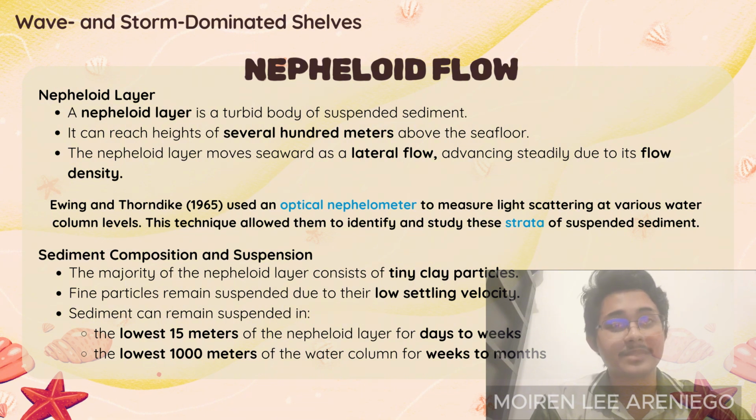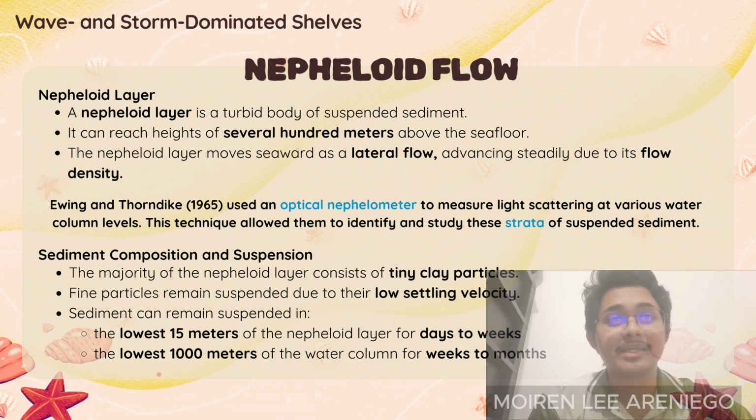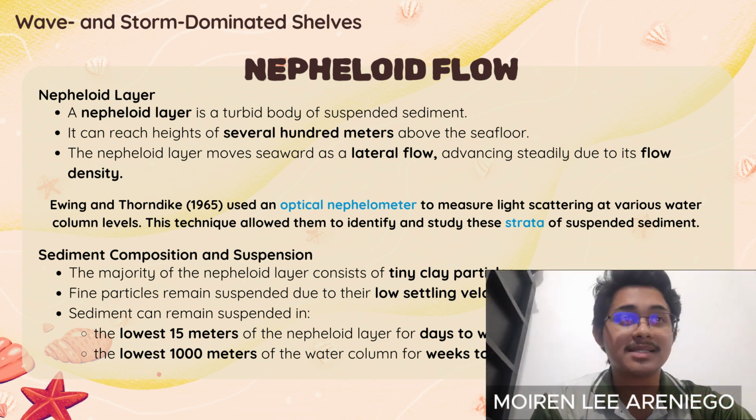Sediments can remain suspended in the lowest 15 meters of the nepheloid layers for days to weeks, and in the lowest 1,000 meters of the water column for weeks to months. Resuspension and sedimentation would probably happen often before this technique could transfer fine particles entirely across a shelf.